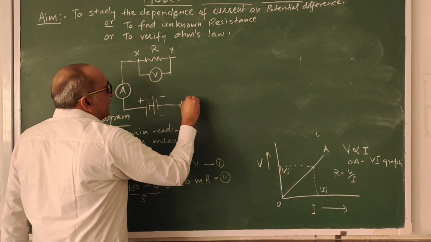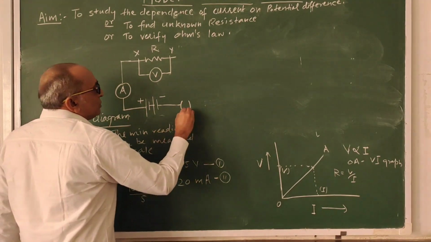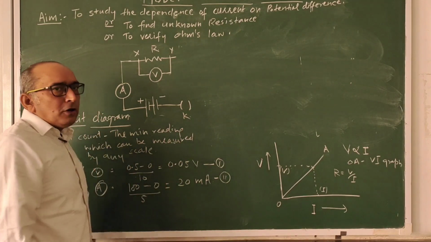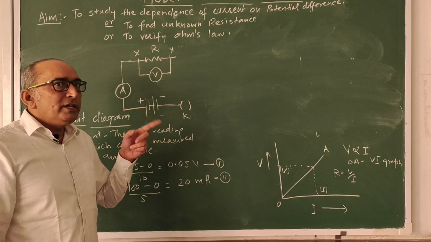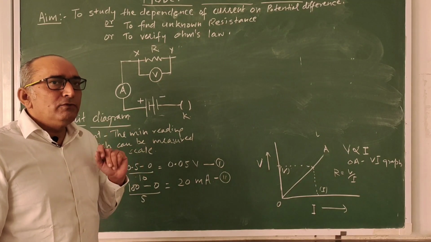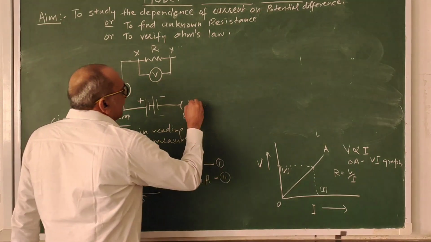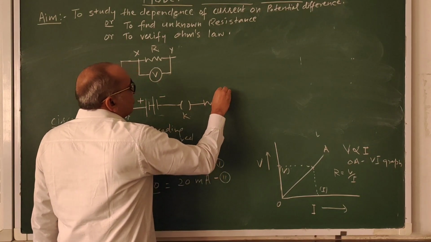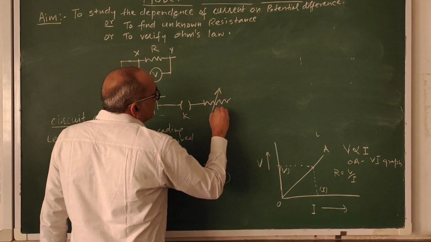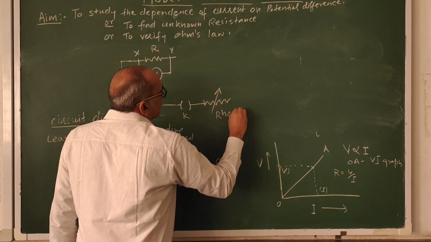Then there is the key here. Key is a switch. When you open the key, the current will not flow. When you close the key, the current will flow. Then next is a variable resistance, which is called a rheostat.